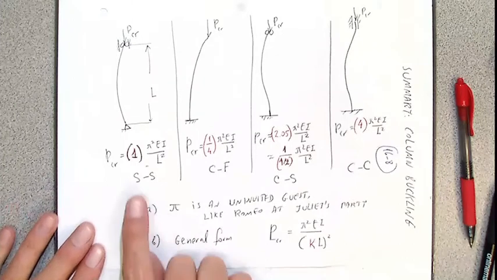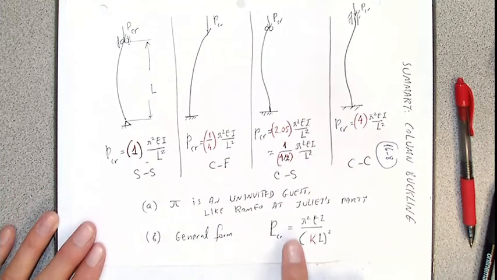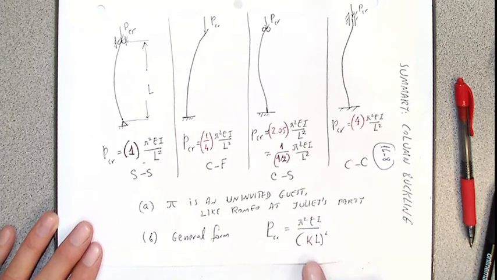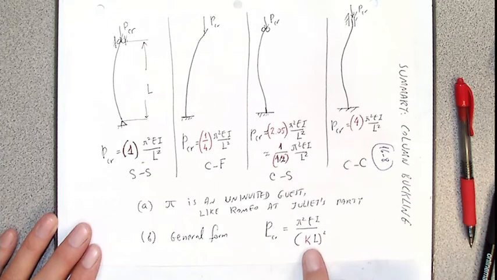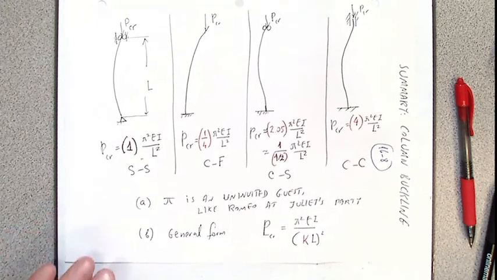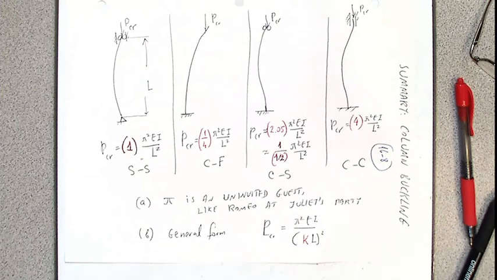Second, the general form of these equations is the same. P critical equals pi squared EI over L squared, but then there is some factor. Here I would like to discuss one topic, and that is this topic.